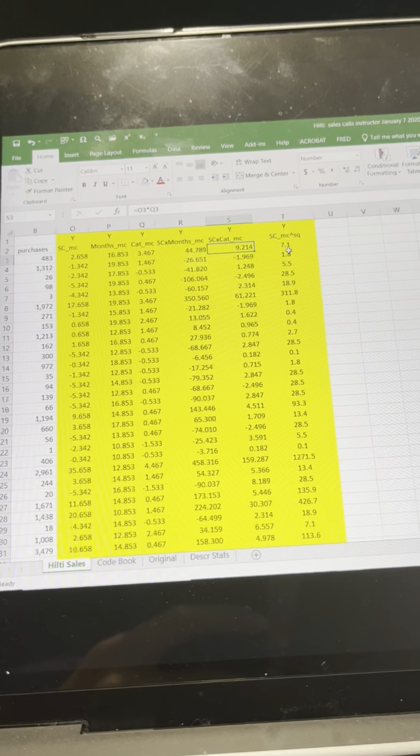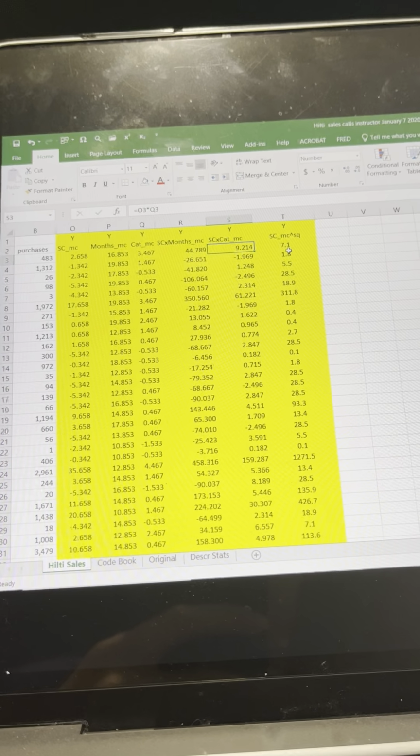Okay, so I'm now going to run a regression, but I'm not using the original data. I have mean centered the data. And the reason that I've done that, I think it'll be easier to interpret. So bear with me. Click data, click data analysis, do a regression. And oh, by the way, I wasn't using all of the data.